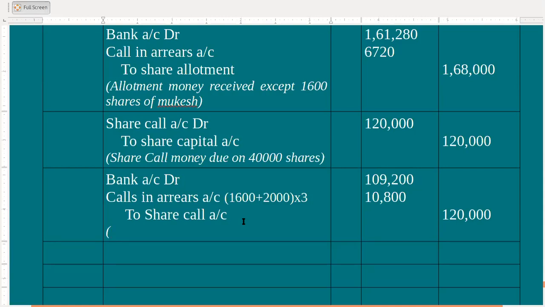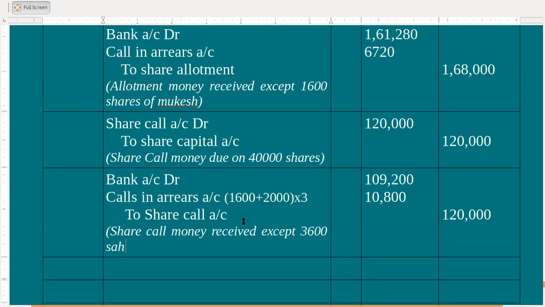Call money received except 3,600 shares. Okay, call money received except 3,600 shares.